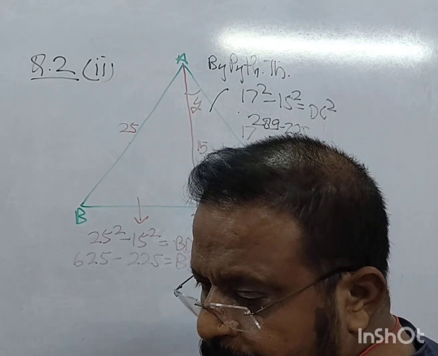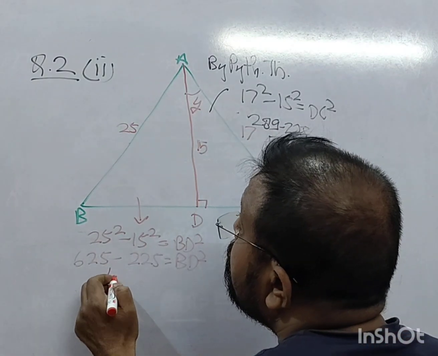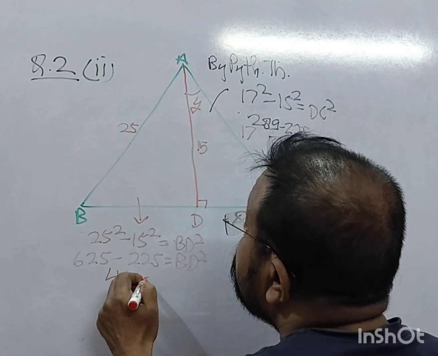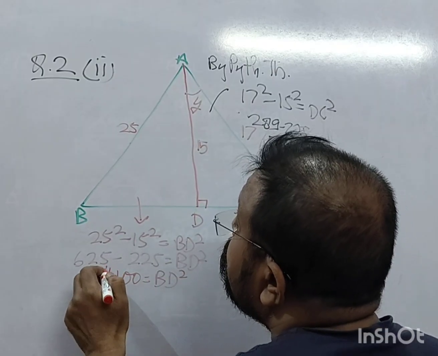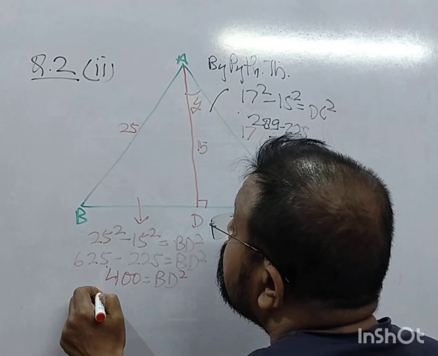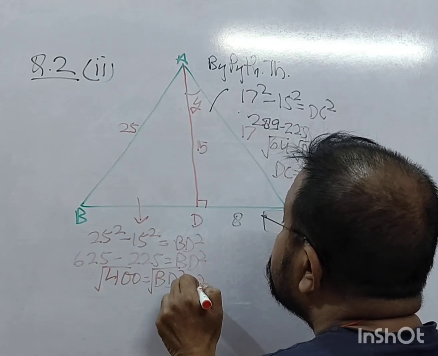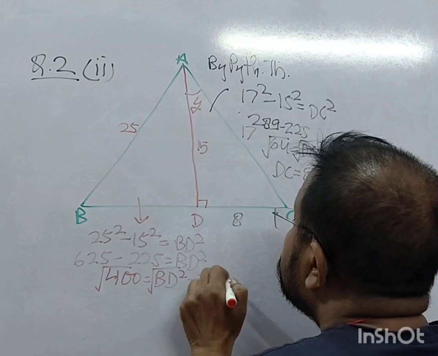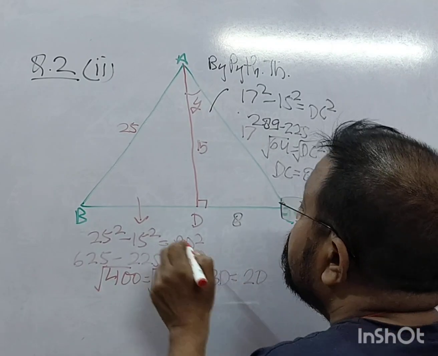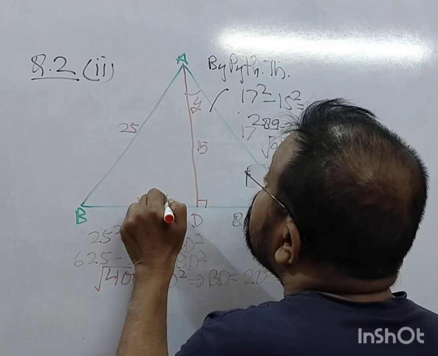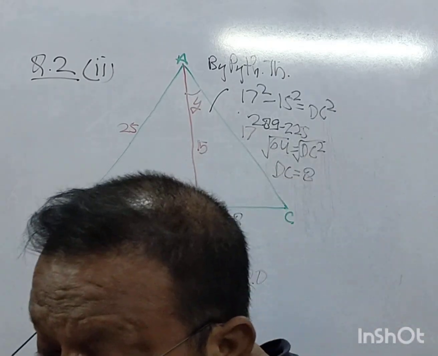So how much is it? 400 is equal to BD square. So taking root, BD is 20. So this is 20. Fine.